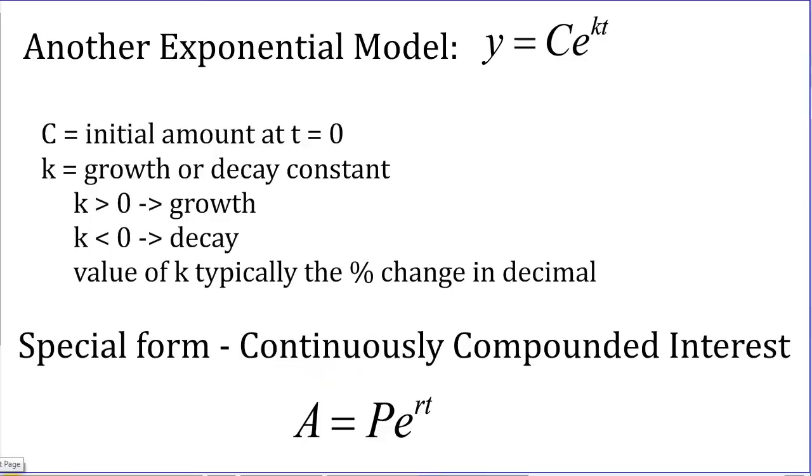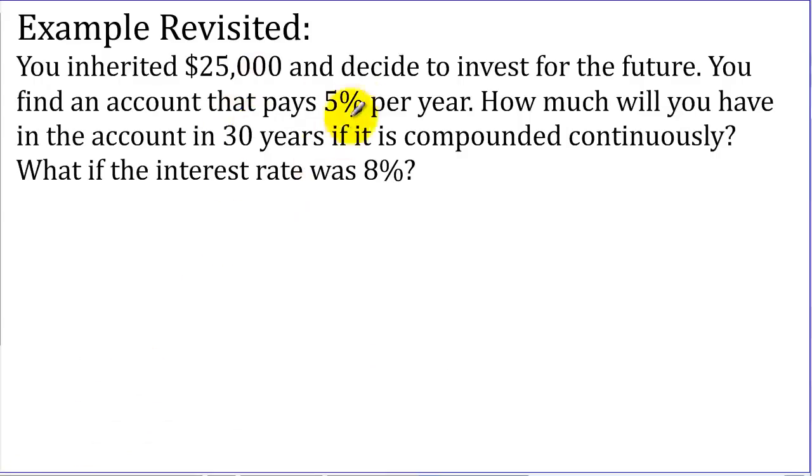So let's look at how that would apply to a problem. We looked at this example in part 3. We looked at what happens to this inheritance of $25,000 if we saved it for 30 years. And we saw as the number of compounding intervals went up, the final amount went up. So let's look at the ultimate, where we have continuously compounded interest.